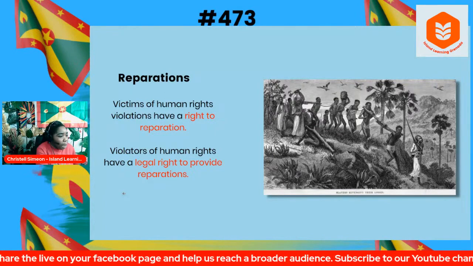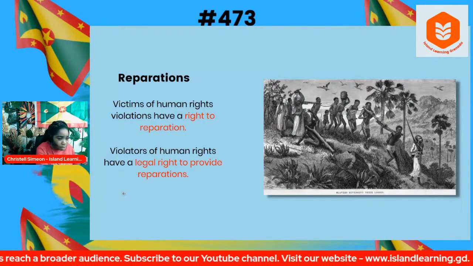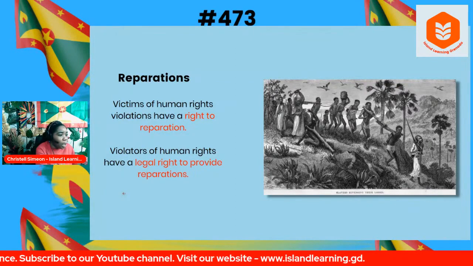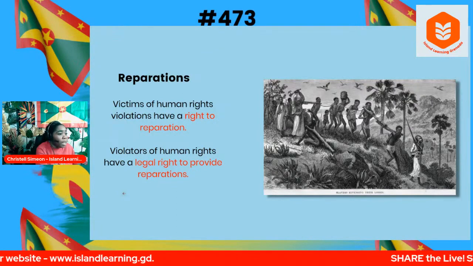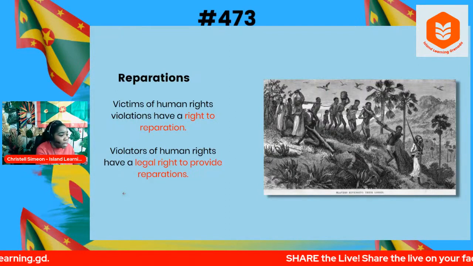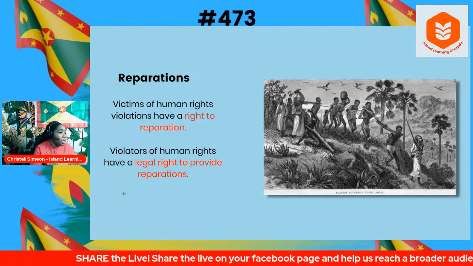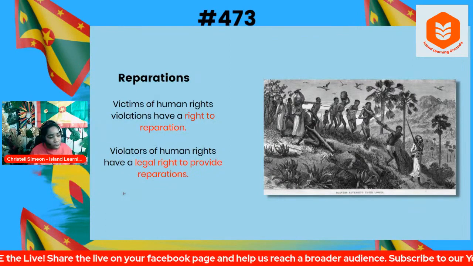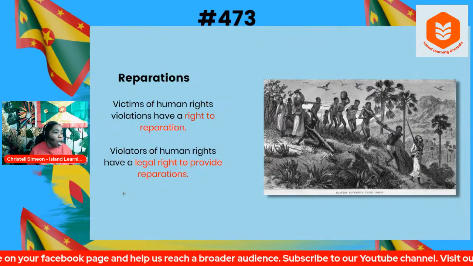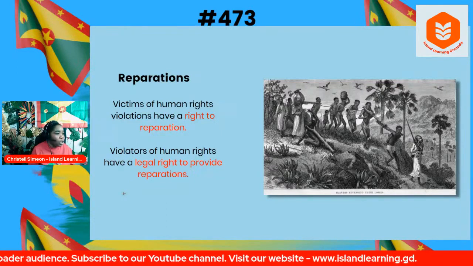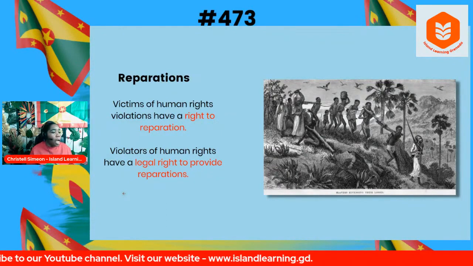The right to reparation, or some form of restorative justice, restoring justice to those who have been impacted by acts of human rights violation, belongs to the victims themselves, if they are alive, or to the victims' descendants. In the Grenada or Caribbean context, we would be descendants of the victims, because we're not enslaved right now, so we're no longer victims, but our ancestors were direct victims.